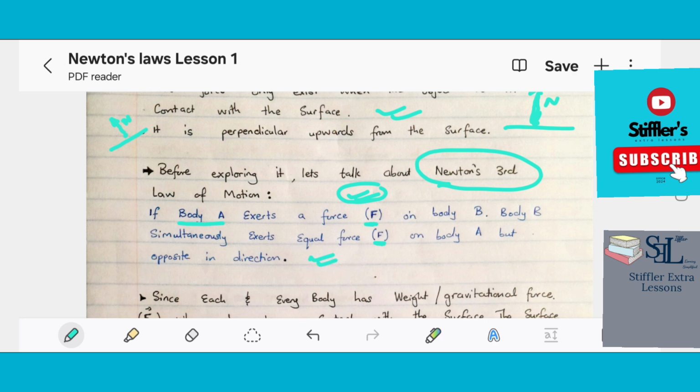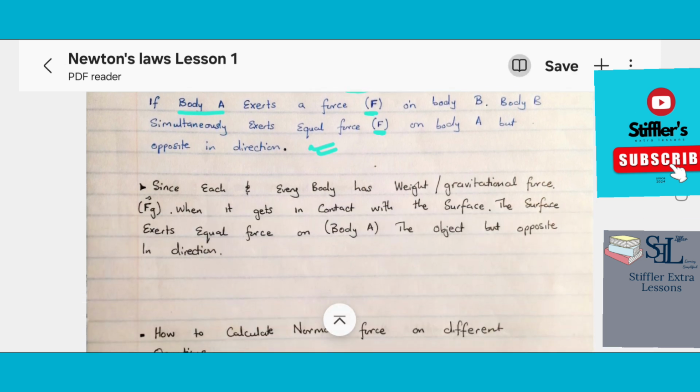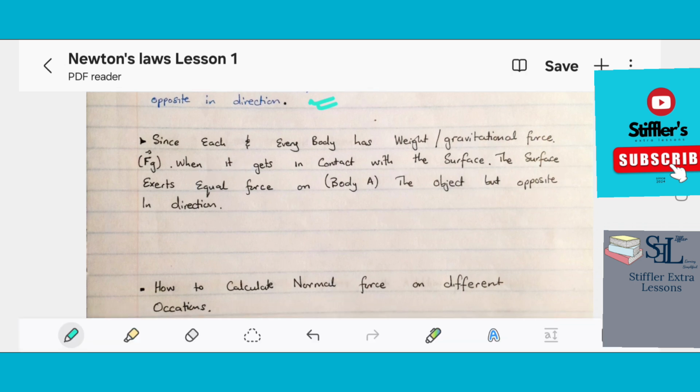Right. So once you understand that, since we say that each and every body has weight or gravitational force, when this object that we're talking about is in contact with the surface, it means that the object is giving the gravitational force to the surface. So now the object is acting as body A and our surface is acting as our body B. So this object of ours will exert a force on the surface, and this force is the Fg.